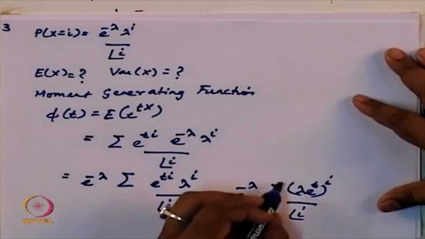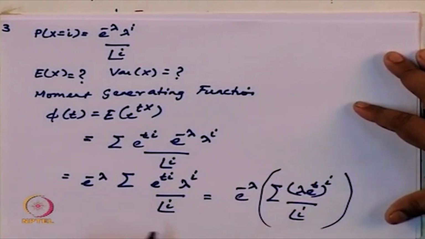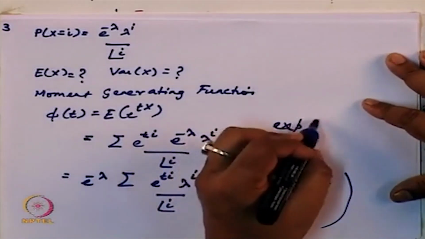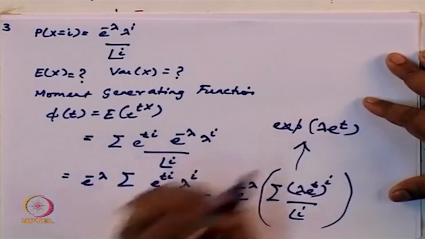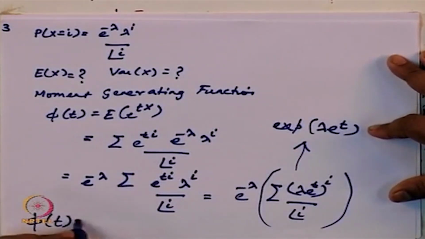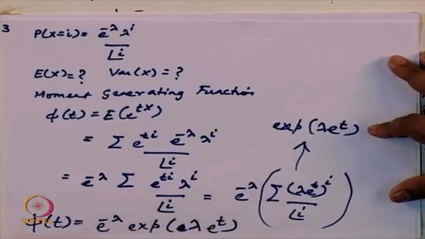So, this whole term can be written as exponential of lambda e to the power t. Then my moment generating function phi t becomes e to the power minus lambda into exponential of lambda e to the power t.